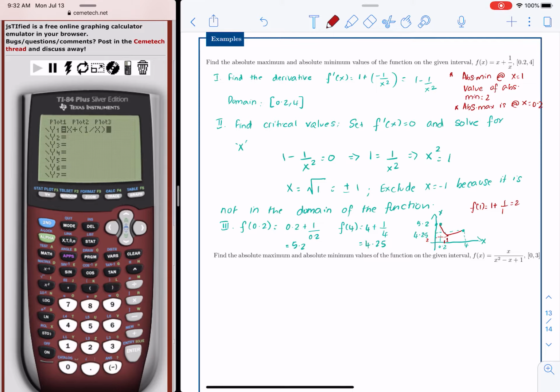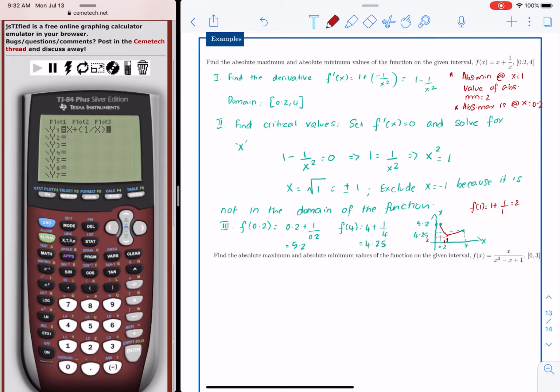Let's see if we get this using the calculator. So the original function is 2 cosine x plus sine 2x. And I'm going to graph that between 0 and pi over 2, 1.57.